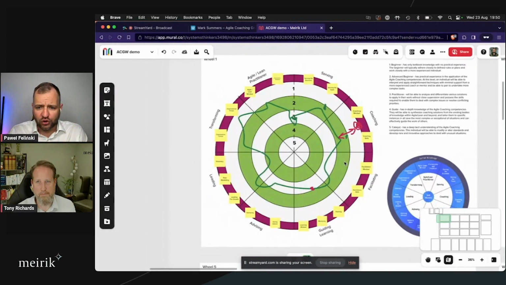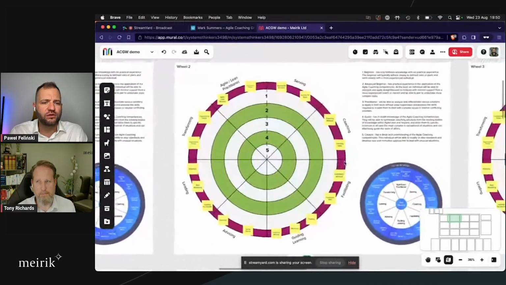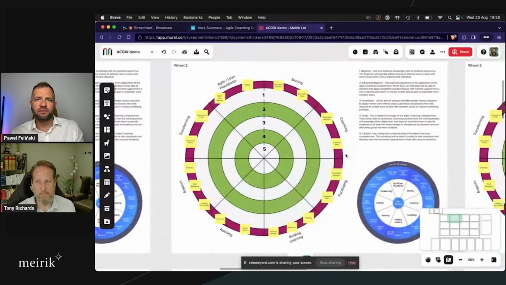I'm not sure what was behind the idea of the authors of the Mural board, because typically when we draw a spider web diagram, the highest level is far away from the middle of the diagram. So I'd say we start from 0, going to 5. As you can see, this has been reversed over here, but you shouldn't have any problem reversing it again.